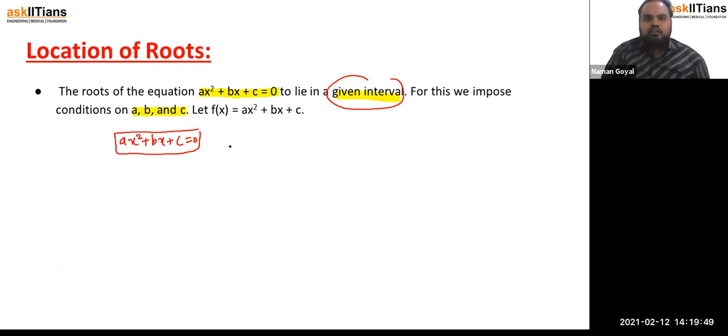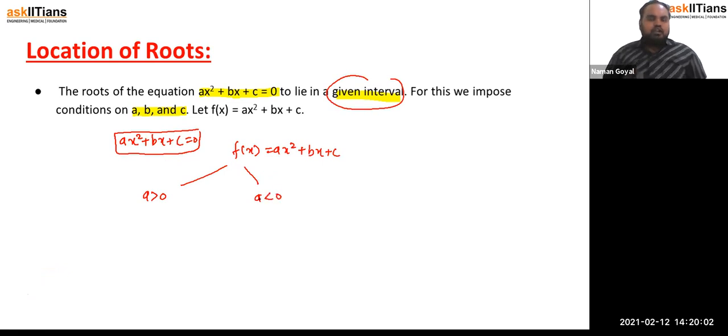For example, if we draw the graph of f(x) as ax square plus bx plus c, there are two options: if a is positive and if a is negative, right? And it is given that the roots lie in a given interval. Let me take the interval from x1 to x2.